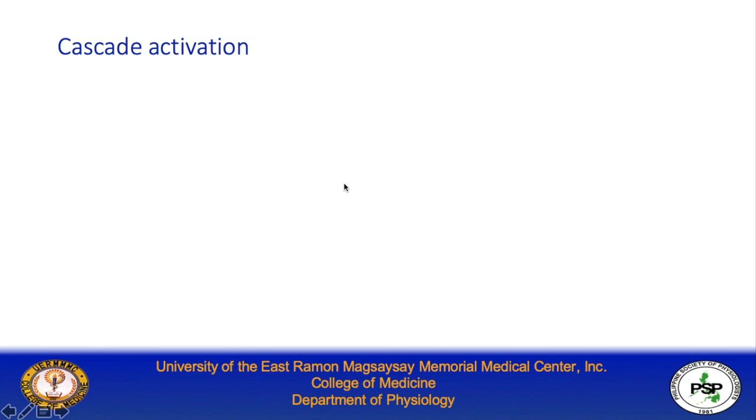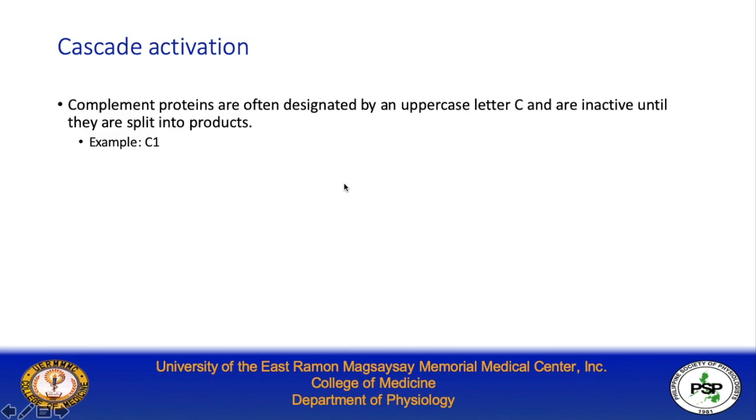So before we proceed to the different pathways of your complement system, please take note of this, your cascade activation. Usually the complement proteins are designated by an uppercase letter C and a number, for example, in this case, C1. And they are inactive.